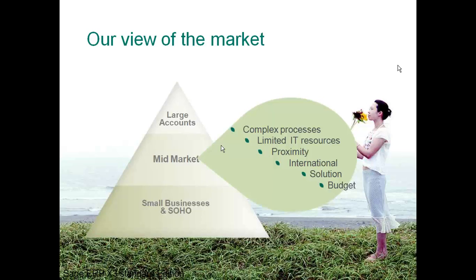A lot of times they're international in scope. And they're looking for a solution that will cover all of their objectives, but they're also limited on budget. As most companies are today, they have budget restrictions, and this is great for Sage products, but particularly X3, because we tend to satisfy most of those requirements in the mid-market.